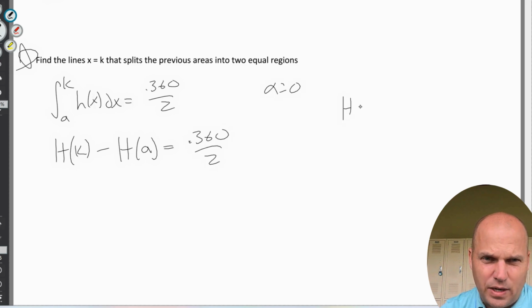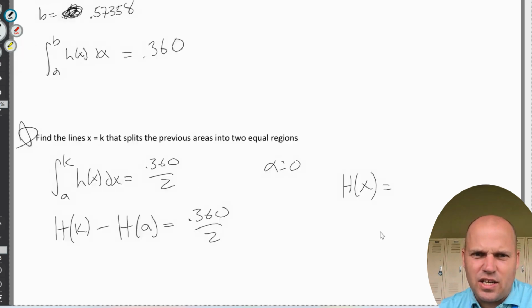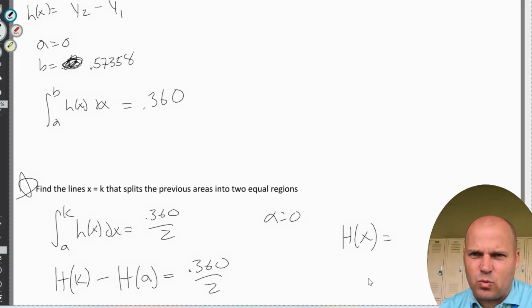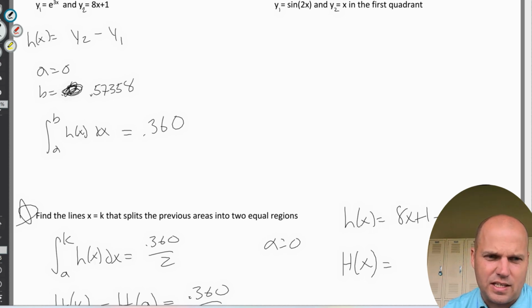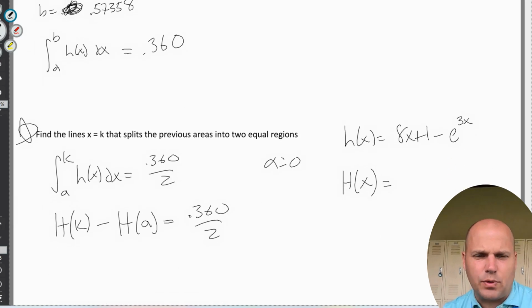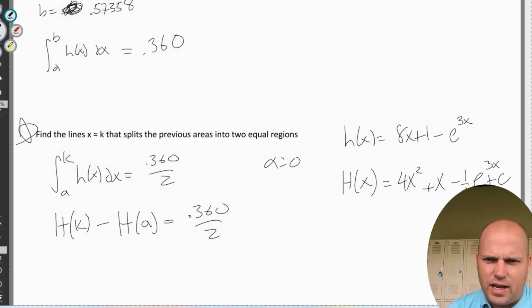Let's say super H. I'm going to do it this way, like we kind of did earlier. Super H is the antiderivative of H. H is y2 minus y1. Let's write that down. H of x is 8x plus 1 minus e to the 3x. Super H: 4x squared plus x. E to the 3x's antiderivative is 1/3 e to the 3x.